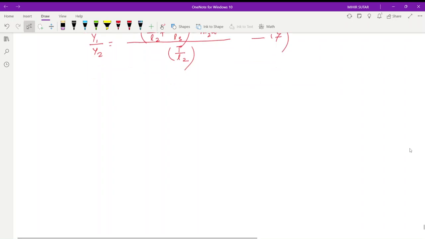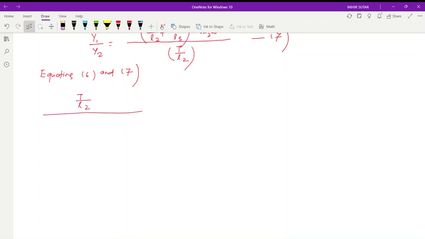Now equating both the equations, equating 6 and 7, we have T by L2 divided by T by L1 plus T by L2 minus M1 omega square is equal to T by L2 plus T by L3 minus of M2 omega square divided by T by L2.